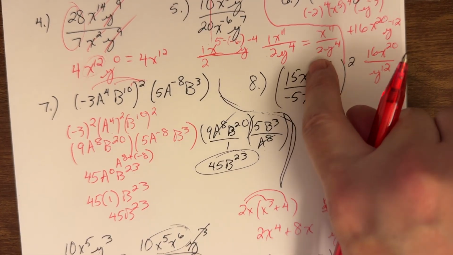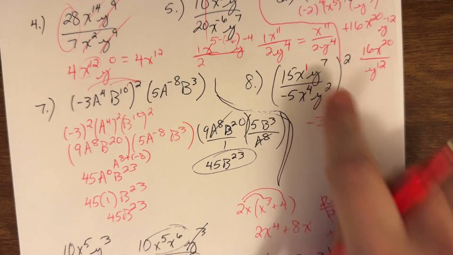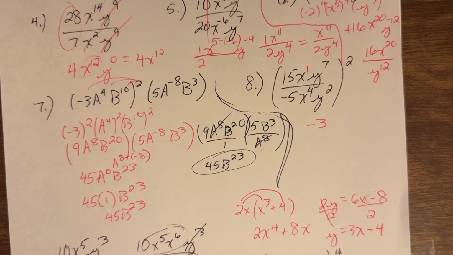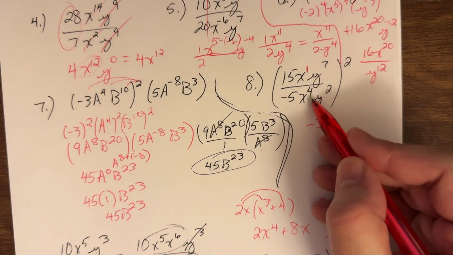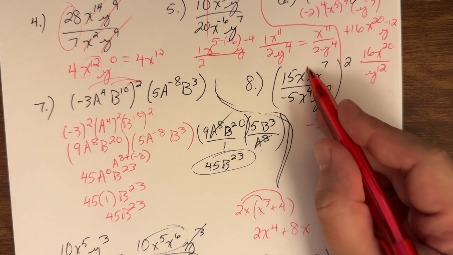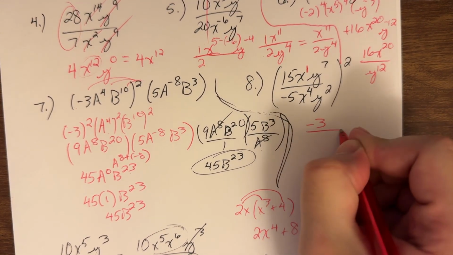I've got x to the first divided by x to the fourth, right? It's an x, so I have to realize that's x to the first power. So x to the first divided by x to the fourth. Rule people, x to the 1 minus 4, you get x to the negative 3.